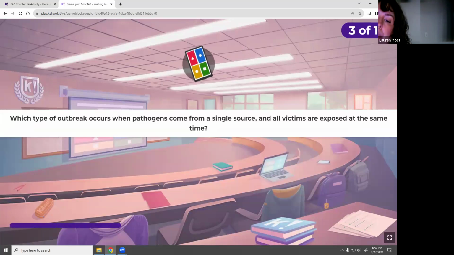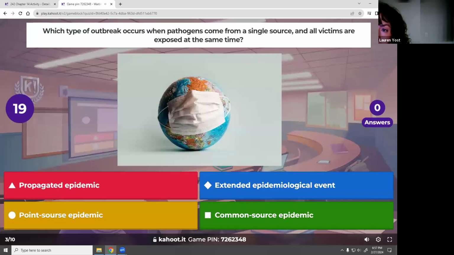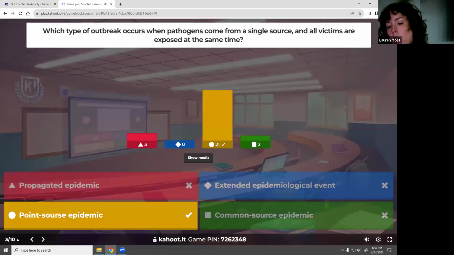Which type of outbreak occurs when pathogens come from a single source and all victims are exposed at the same time? One source, one time. I can't spell apparently. That's not anything new. All right.